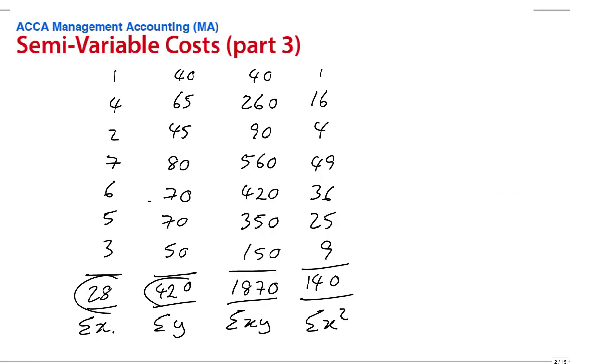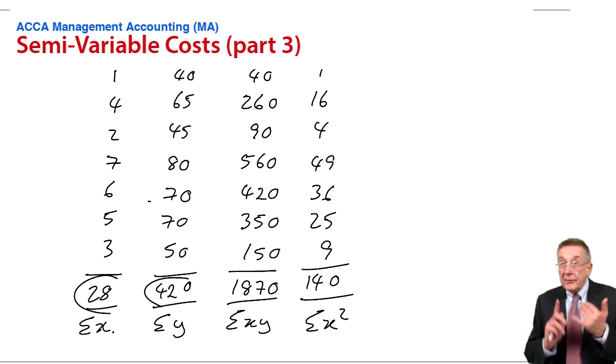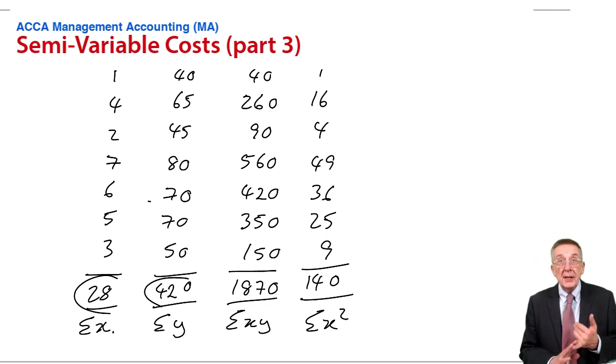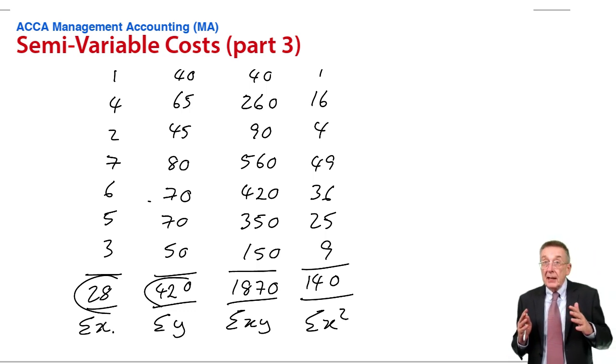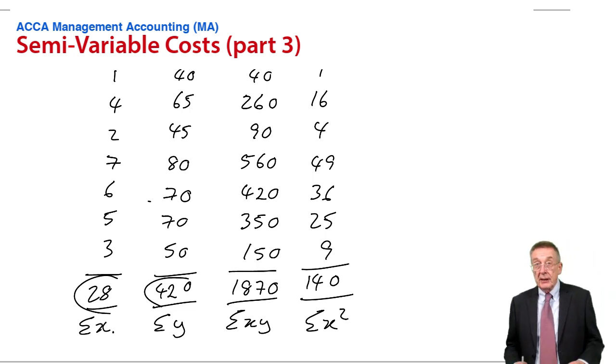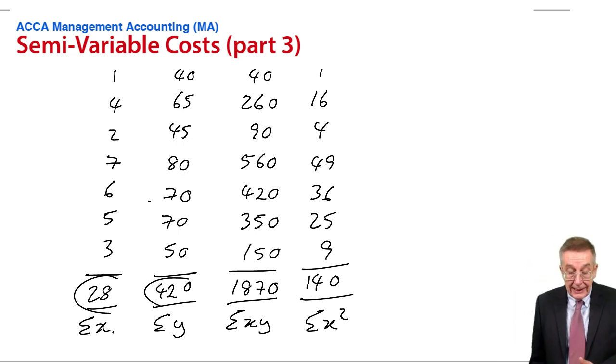All right, this is the third and last lecture on Chapter 19 on semi-variable costs. In the first lecture, we revised the high-low method. In the second lecture, we looked at regression and a better way of finding the fixed and variable cost.